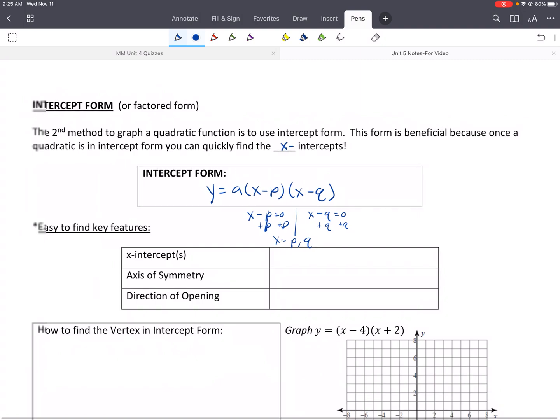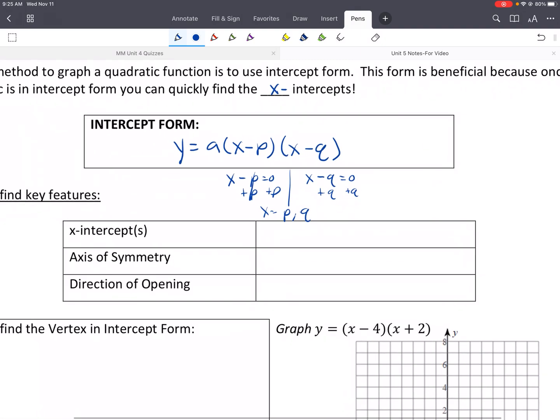All right, so again, easy to find key features. The x-intercepts would be p comma 0 and q comma 0, if we write it as an ordered pair. Axis of symmetry. The axis of symmetry is always going to be halfway between p and q.